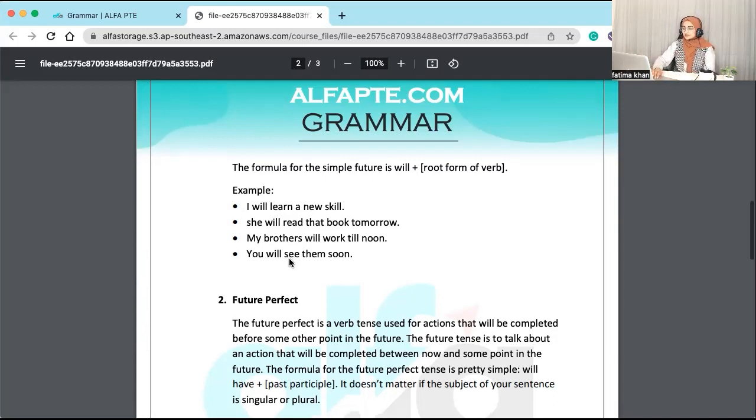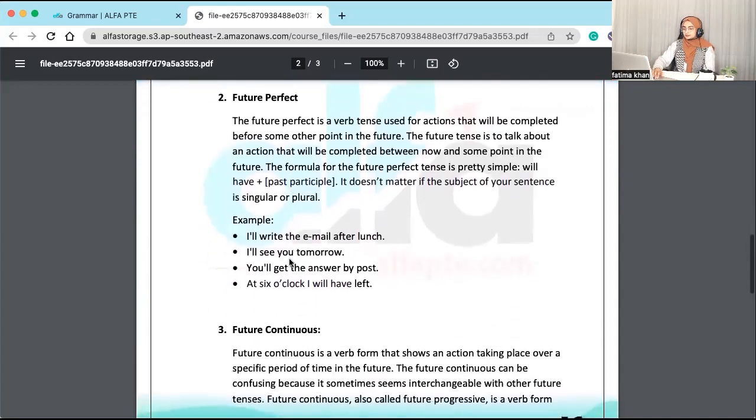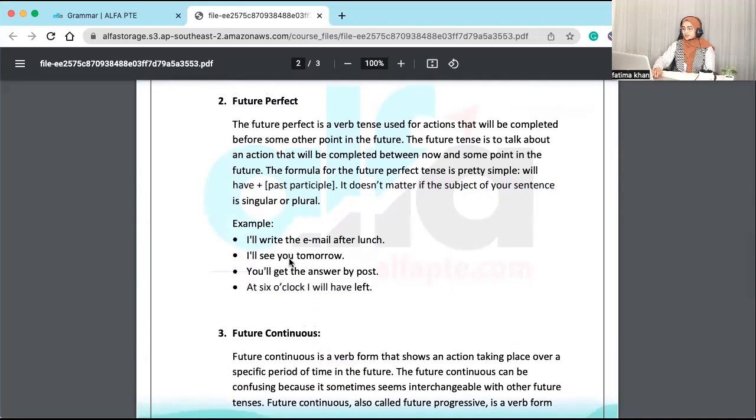Okay, that's when you use future perfect. For example, will doesn't change. It doesn't matter even if your subject is singular or plural. Will, have, and then the third form. At 6 o'clock, I will have left. Okay, I will have left means by this time I will leave.